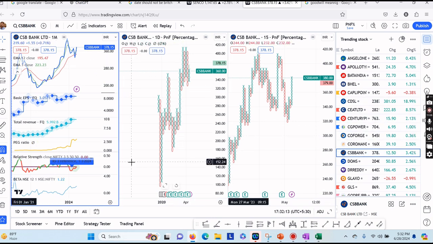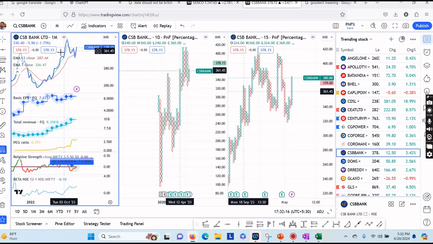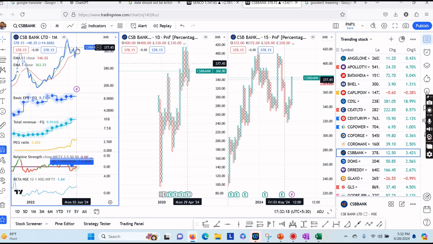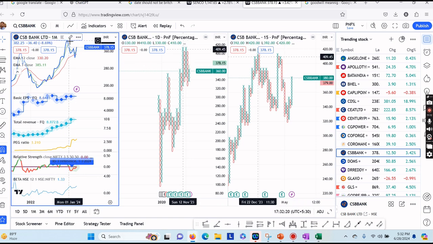It's a double bottom pattern, and yeah, it has a chance to go up to this level. I think if I see their valuations and RS, it's not performing well, but price wise it looks cool.